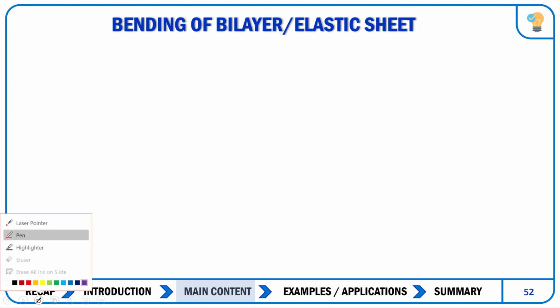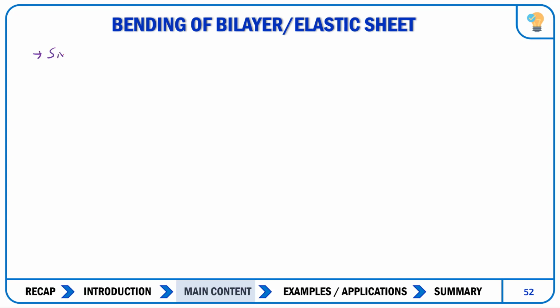Next, we also took a look at bending of things in DNA. So we want to take a look at bending of the bilayer or the elastic sheet in this case, similar to the bending of DNA.